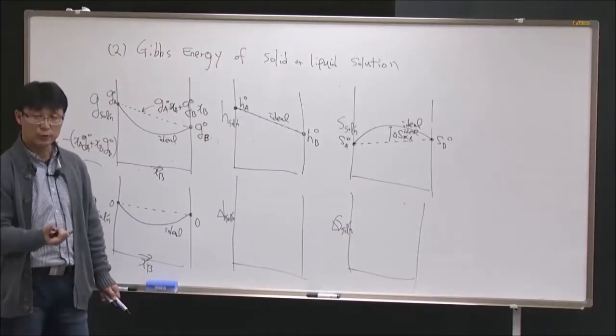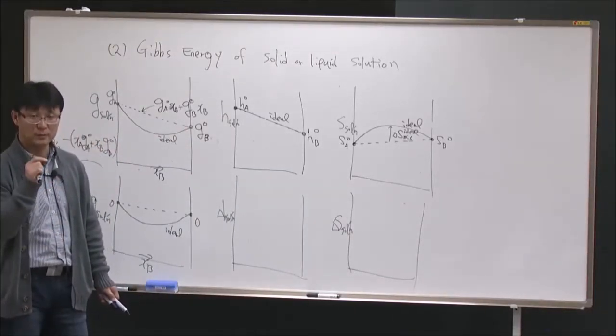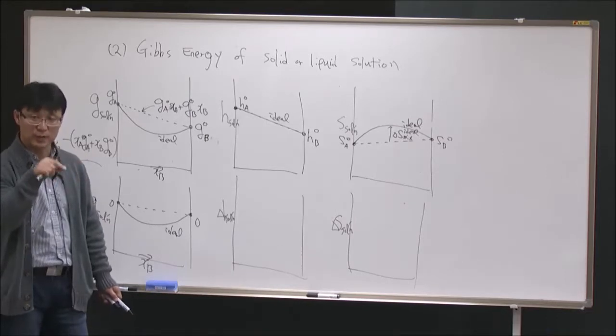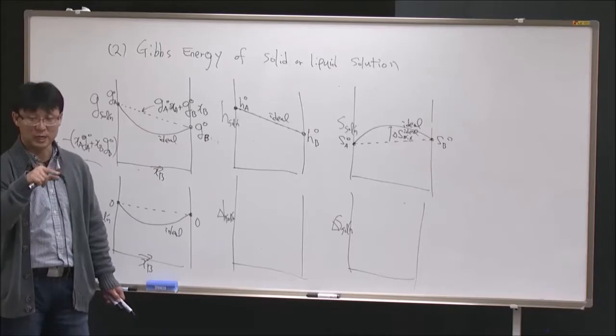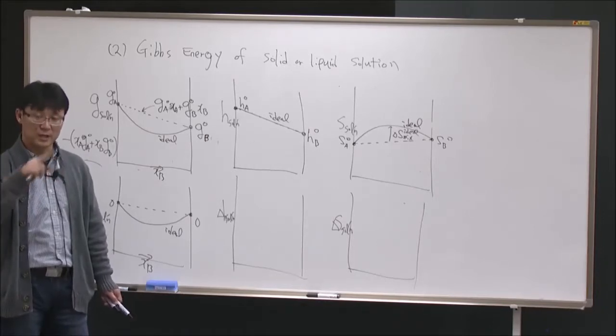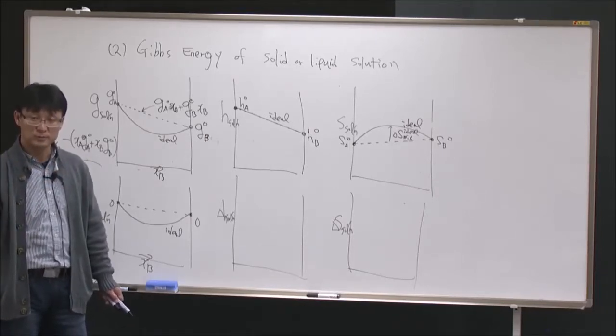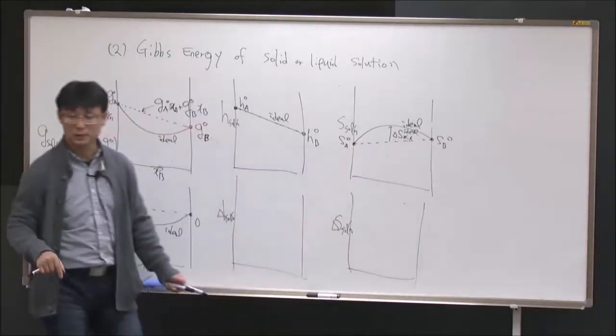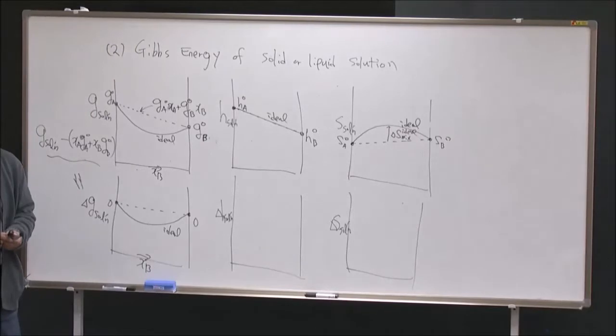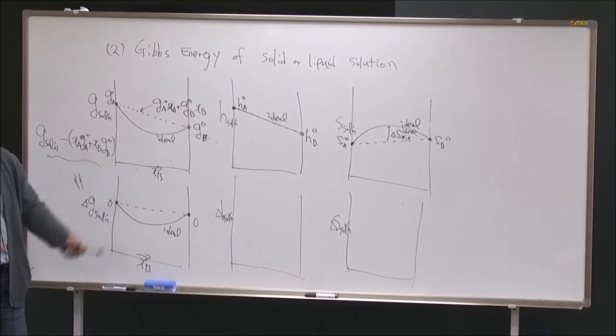At 0.5, you have minus R times 0.5 ln 0.5 plus 0.5 ln 0.5, so minus R ln 0.5, which is R ln 2. R ln 2 at 0.5, a positive term. That's the ideal entropy.